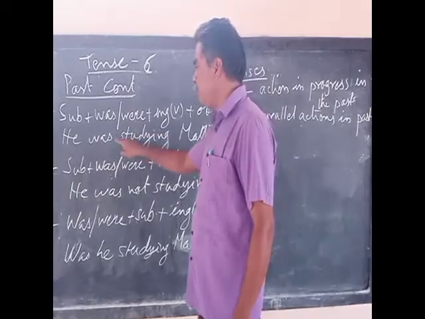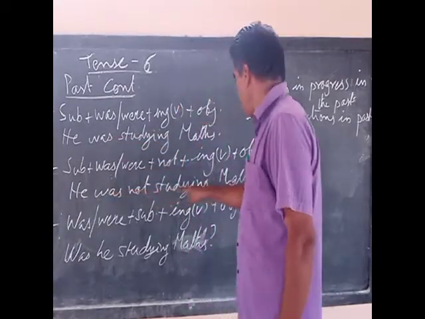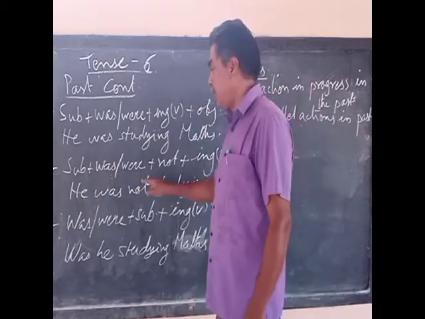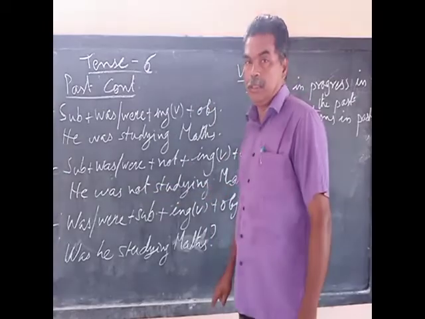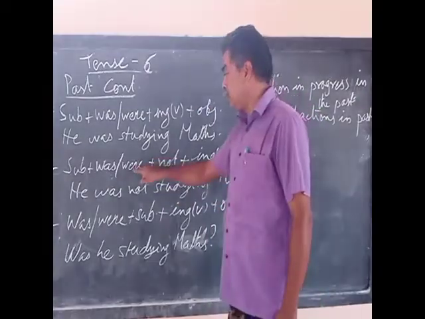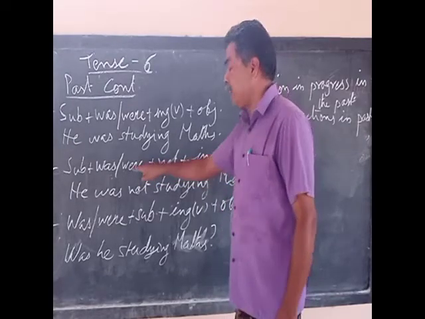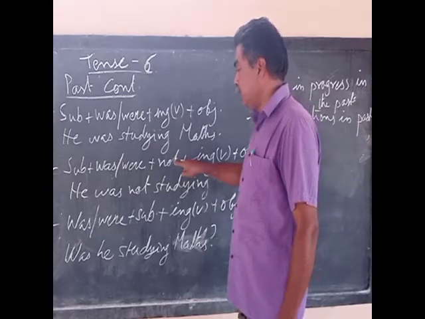Now we are adding not between these two. So you have: he was not studying maths, to get the negative structure. This is one part of the verb and this is the other part. Put together they make the verb, and the not, referring to negative, is inserted in between.